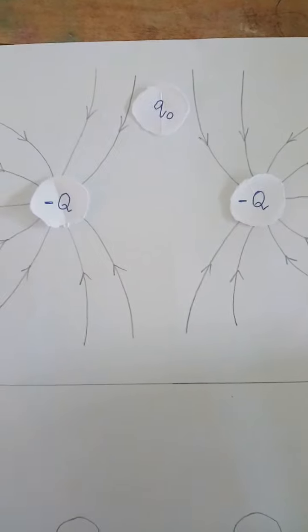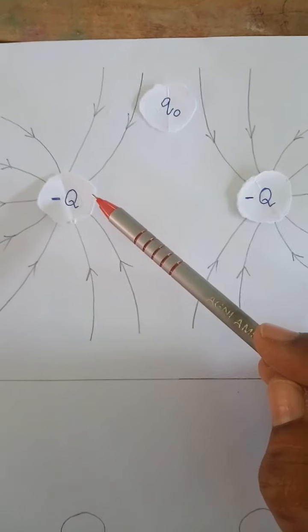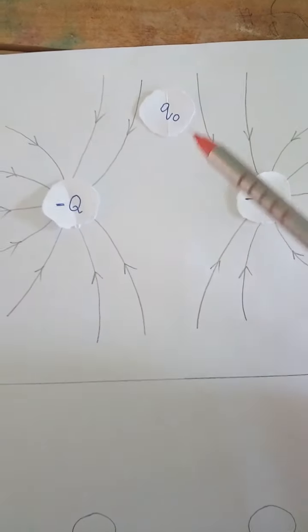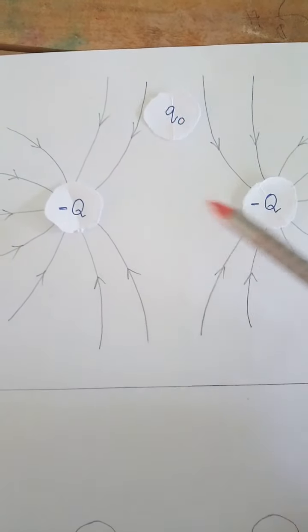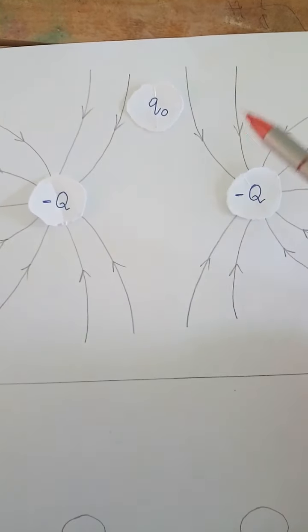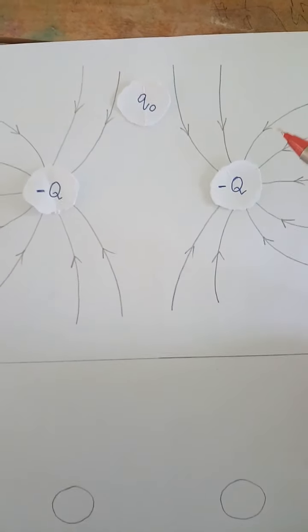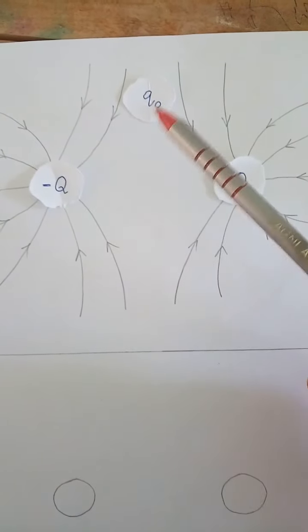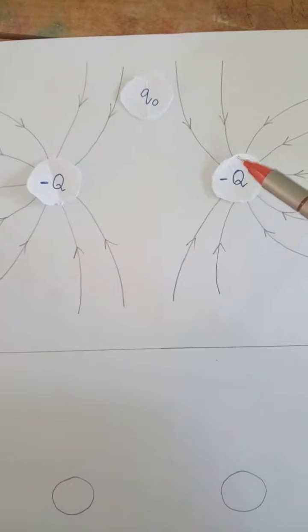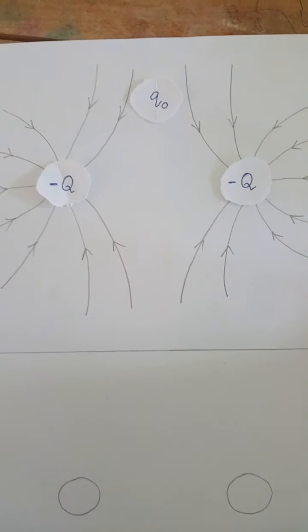As I was saying, if these charges are negative and this is the test charge, neither of them will attract it if their magnitude is the same, but the field lines will look like this, because both of them are trying to attract the test charge.